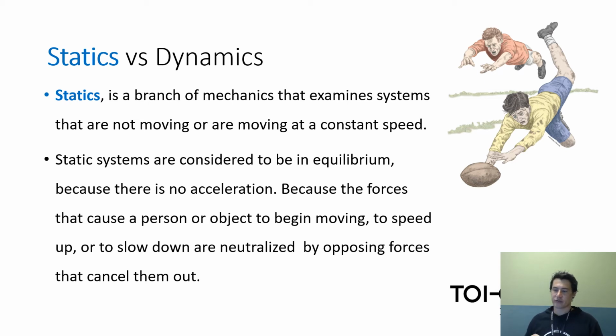And this is because the forces that cause this object or person to speed up, to begin moving, to overcome what's called inertia, or to slow down, are neutralized by the opposite forces, so they cancel them out.